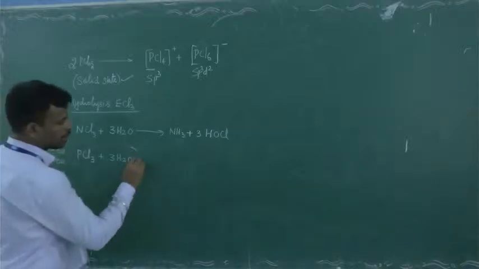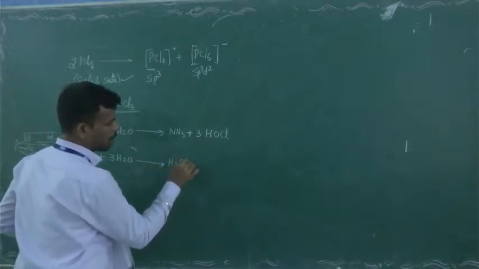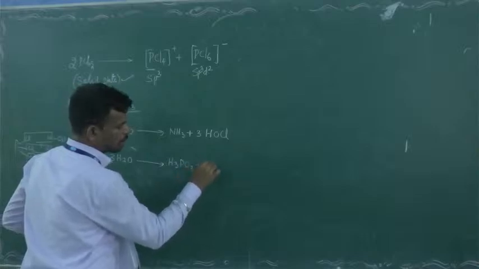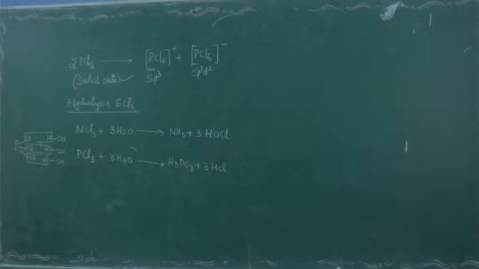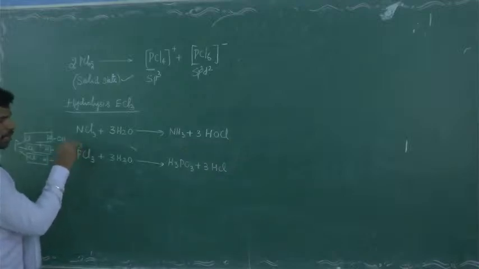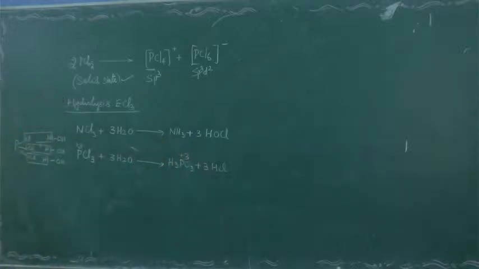So what do you get? You will get H3PO3 plus 3HCl. Please note this point. Here it is plus 3, this also plus 3, this also plus 3.